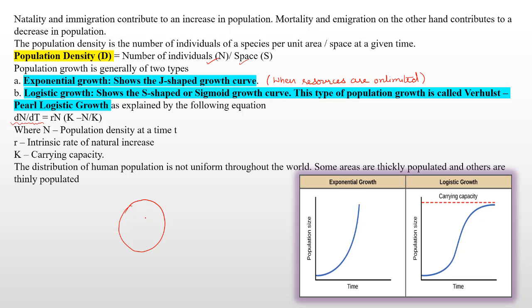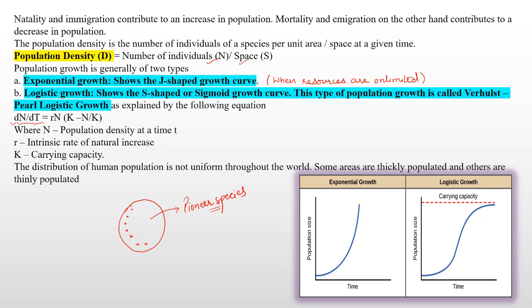The moment it is colonized, what will happen? In the start, the very first species, the pioneer ones, come, acclimatize and adapt to this area, and they will grow here, they will increase in number.